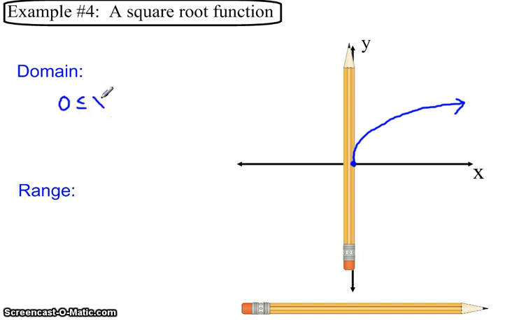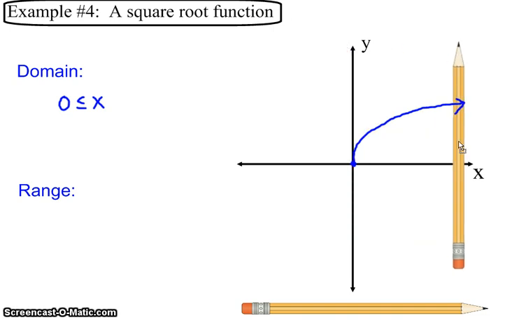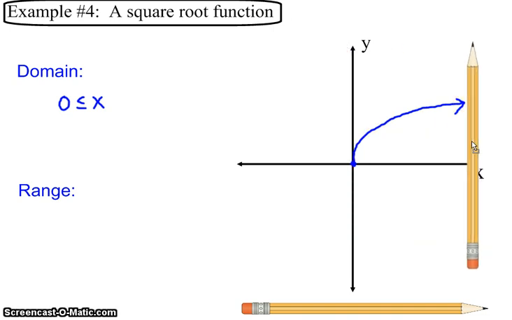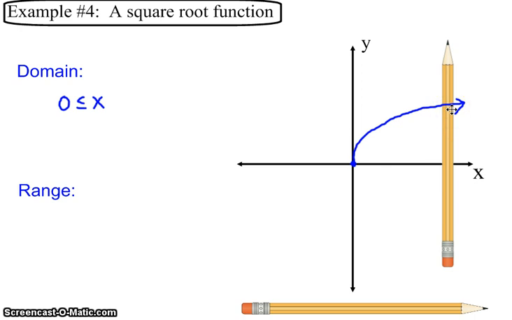This is x. And it goes off to the right with an arrowhead, so that means it's going to go towards positive infinity in the x direction. So again, x is less than infinity.